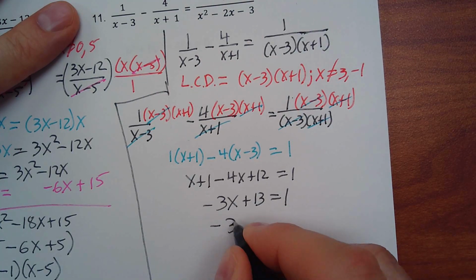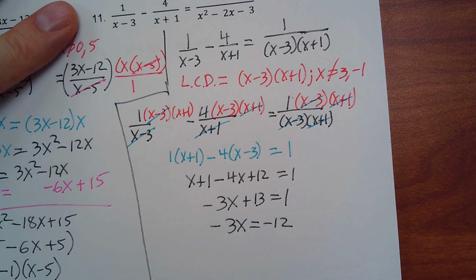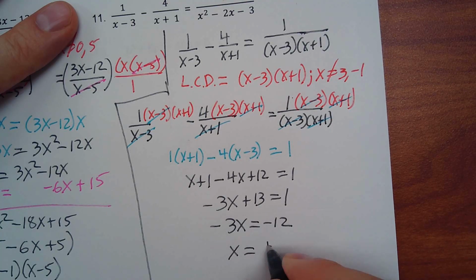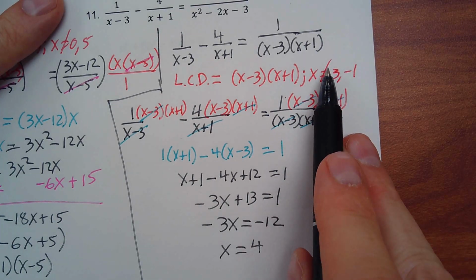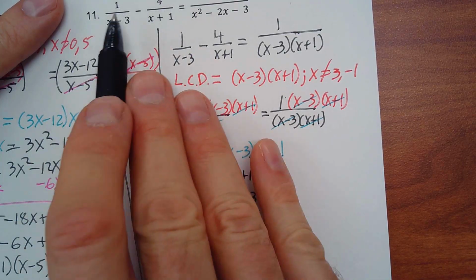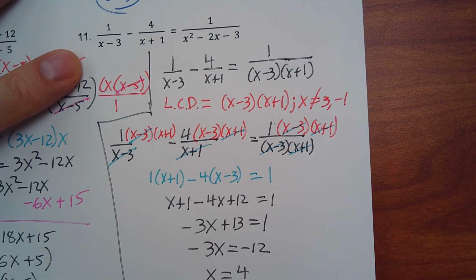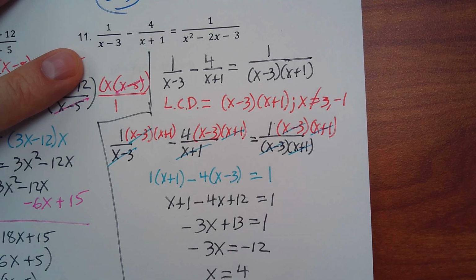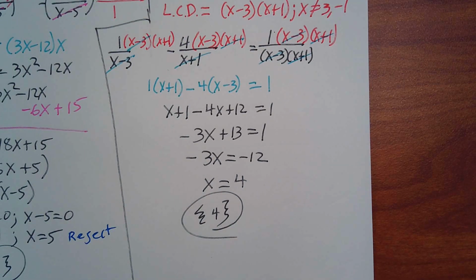So it gives a negative 3x equals a negative 12. And then divide by negative 3, that gives you x equals 4. And that doesn't match any of your restrictions. You can go and plug in. I recommend you do it and verify you get the same number on both sides. I'll leave that as an exercise on your own, on your calculator. So our answer would be 4.